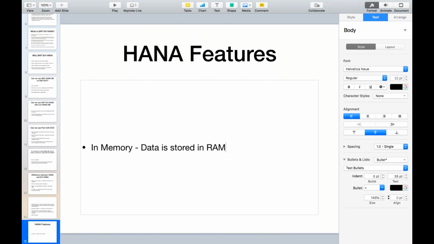If you just replace your database from Oracle to HANA, the tables will still remain the same because you are using an ECC system, and in an ECC system, even if you use HANA database, your tables will not get changed, right? Which means the same tables will be used, but the very important thing here is that the data will be stored in compressed form. HANA database stores the data in compressed form.